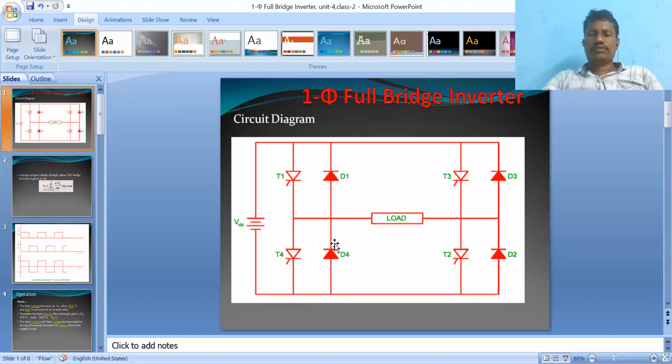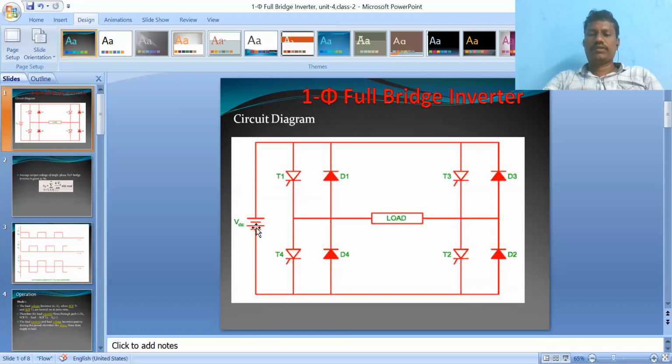It is the second mode. Coming to the third mode, by giving firing pulses to T3, T4, T3 and T4 start conducting. It acts as a short circuit. The current path is VDC plus, T3, load, T4 and VDC minus.